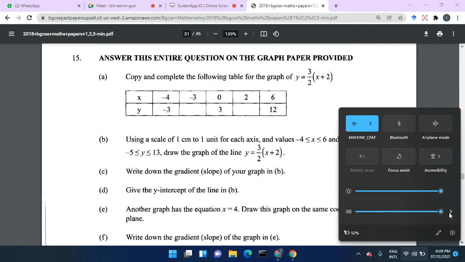The volume is at the bottom. Let me see if I Bluetooth this, if it could be clearer.